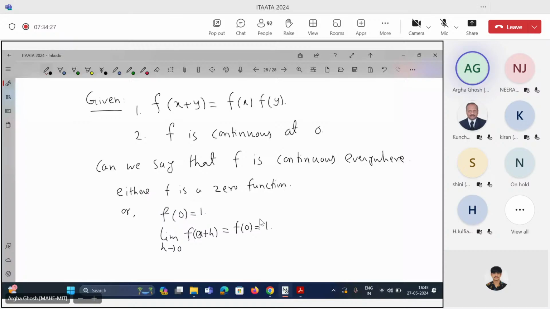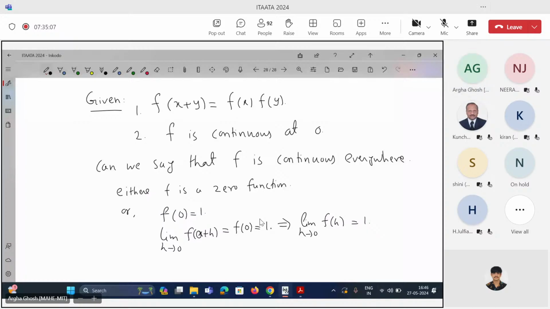Now f of 0 plus h is f of 0 into f of h. So this will imply that limit h tends to 0 of f of h equals 1, correct? F of 0 is 1, and f of 0 plus h is f of 0 into f of h, so we have limit h tends to 0 of f of h equal to 1 only. Then suppose we have another point, f of x plus h.